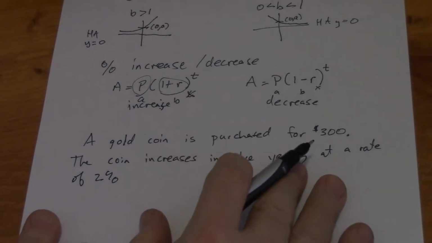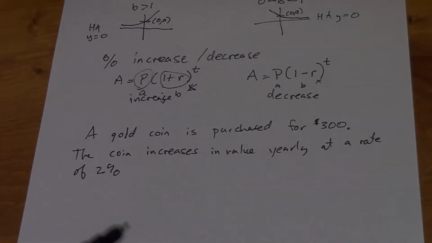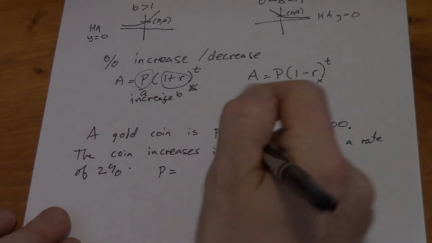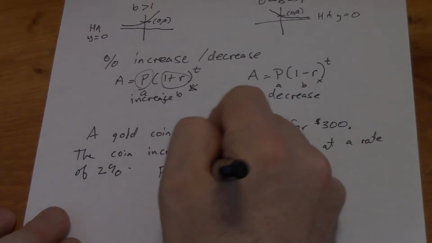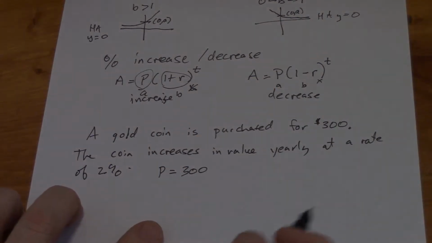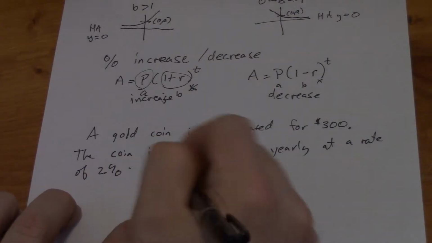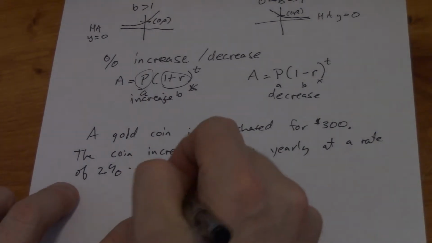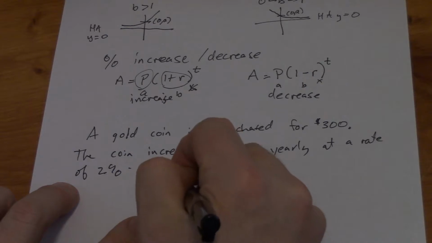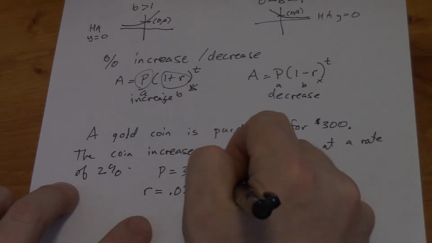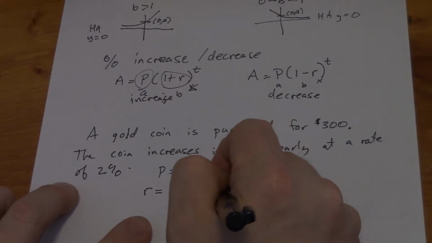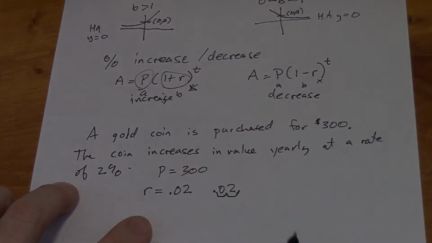Okay, so if we want to know a function that's going to tell me what the coin is worth at any time, here P is 300. My R is going to be 2%, but we need to write that as a decimal. So that's 0.02. Remember, you take the decimal point when it's percent, and you move it 2 to the right and add zeros if you need to.